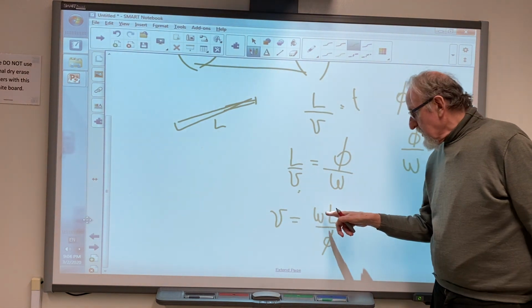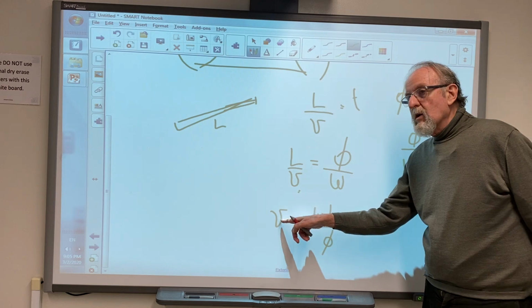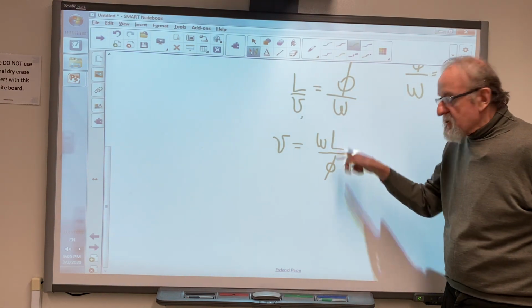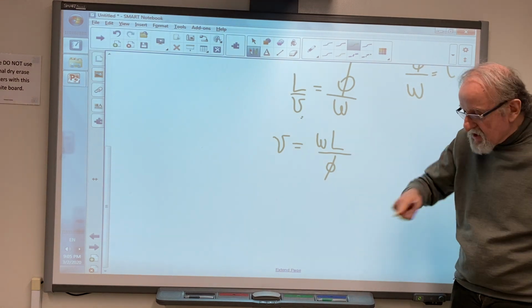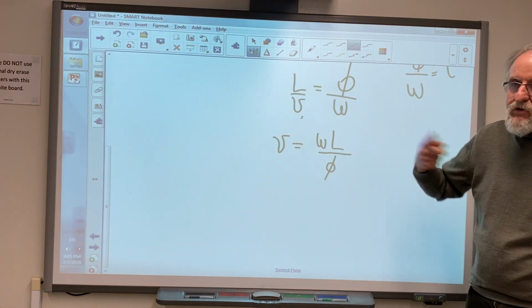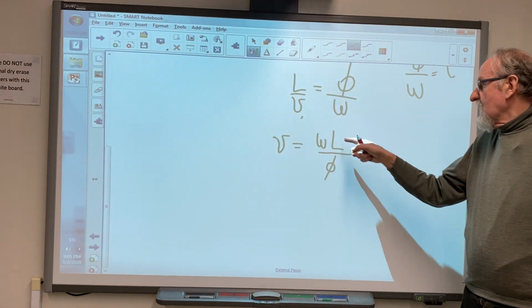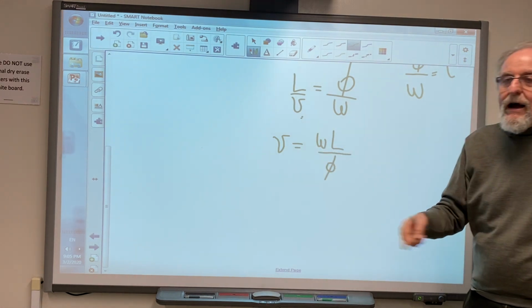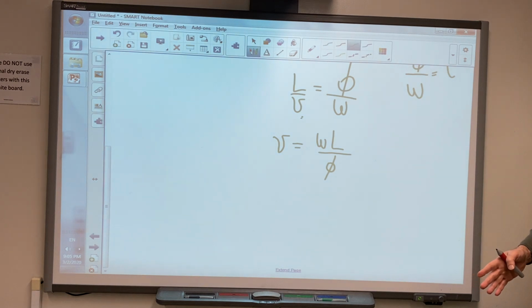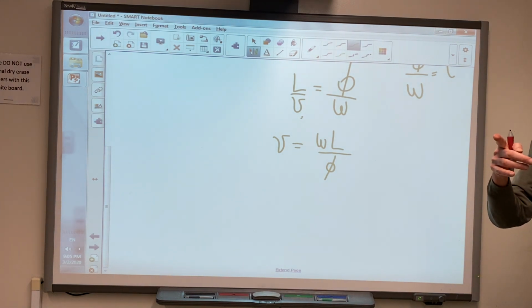Okay, so you choose an omega and you count molecules of a certain velocity. You choose a different omega, you will count molecules of another velocity. By choosing the rate of rotation of that cylinder, because L and phi are parameters of the apparatus, you count the velocity you want.